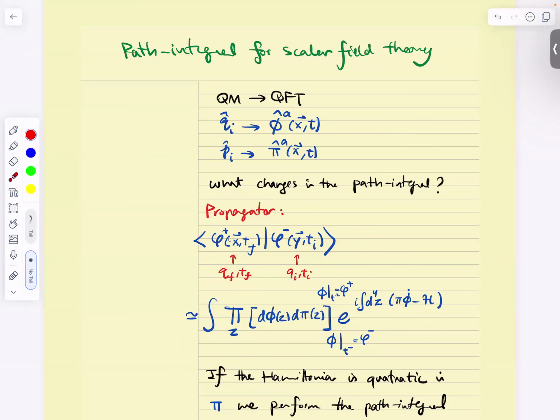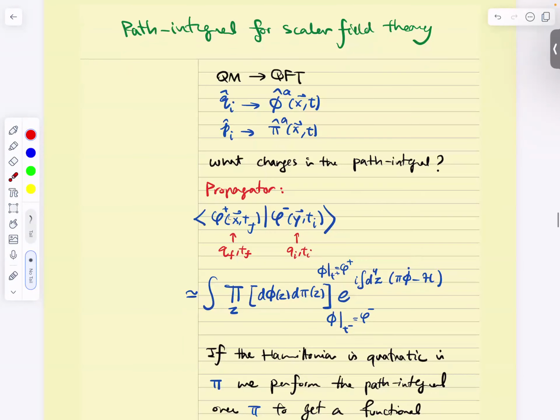And your path integral is precisely the same. You will have to path integrate not over all paths that go from here to here, but over all the functions that interpolate between these two. Right? You integrate over all functions that have this boundary value and this boundary value.